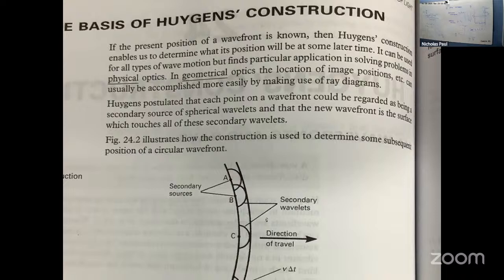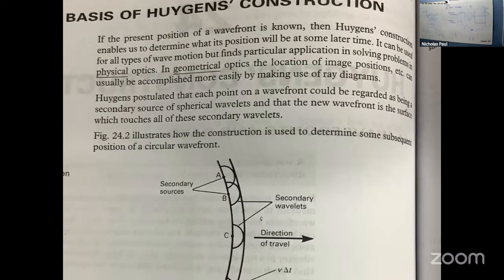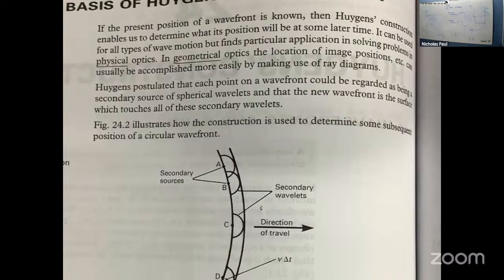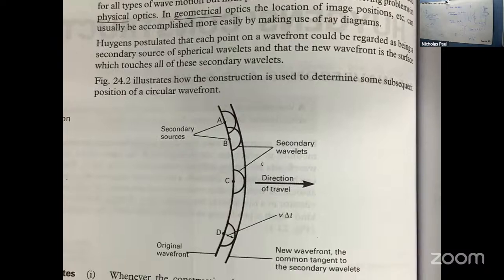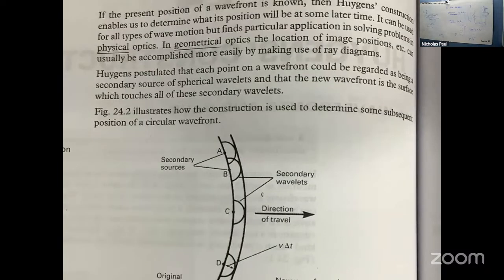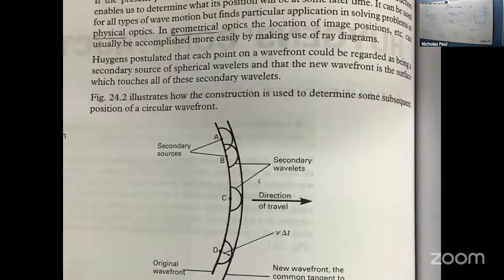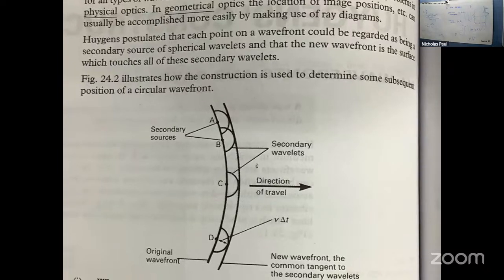In geometrical optics, the location of the image position, etc., can usually be accomplished more easily by making use of ray diagrams. So when I talk about lenses, just use basic ray diagrams, but try and focus on this part here. I want to explain it.